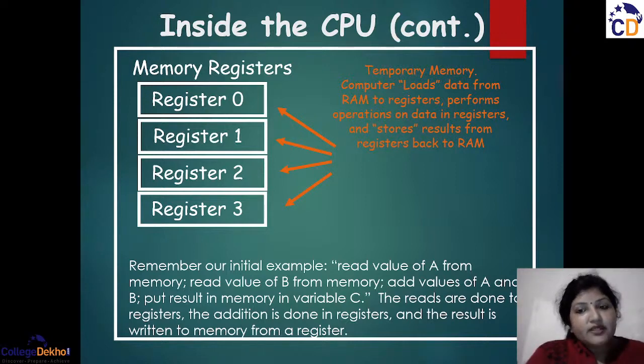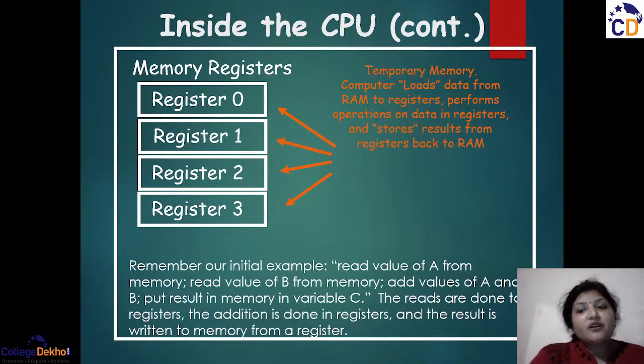The operations are performed on the data in the registers, and it always stores the result from the registers, and then when it gets the result, it stores it back to the RAM itself.